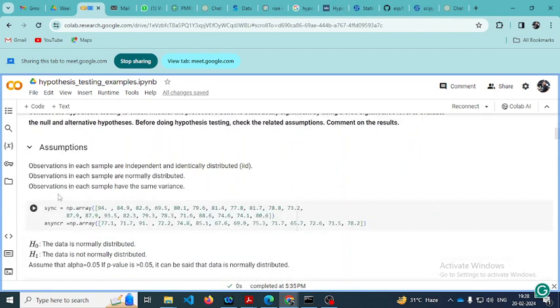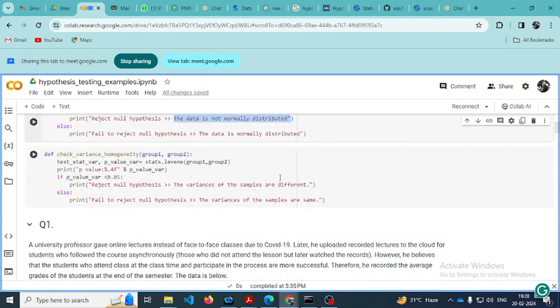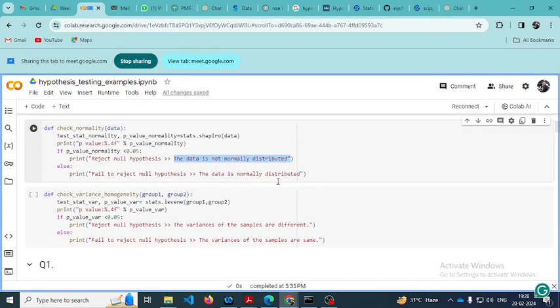You are going to make some assumptions for hypothesis testing. You try to observe your samples, whether they have the same variance or not. For that, to check whether it has the same variance or different variance, you define a function and name it check variance homogeneity.